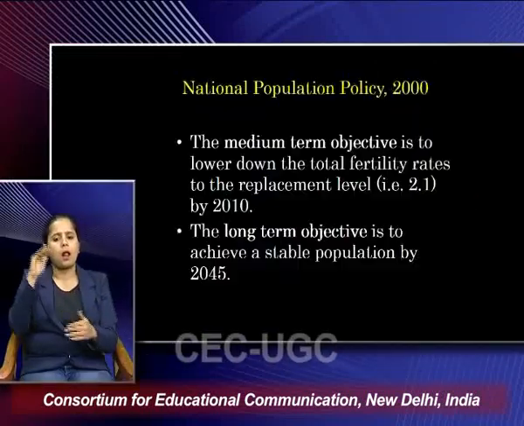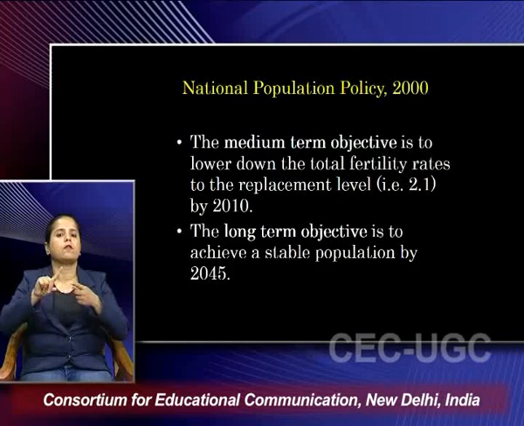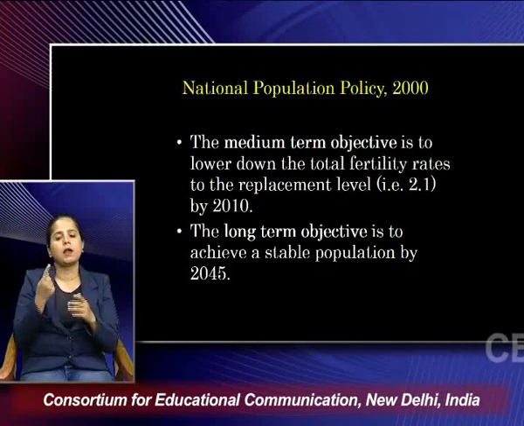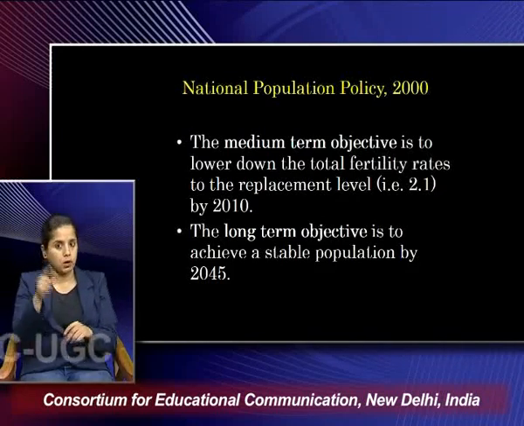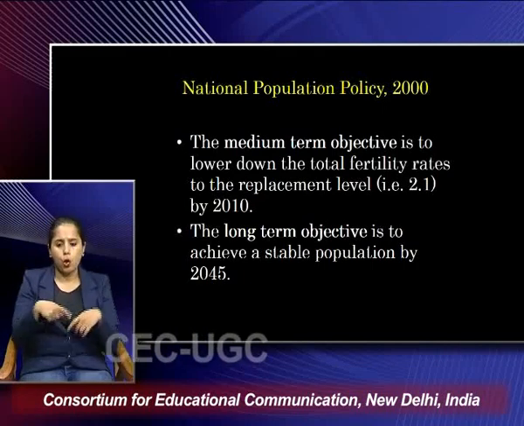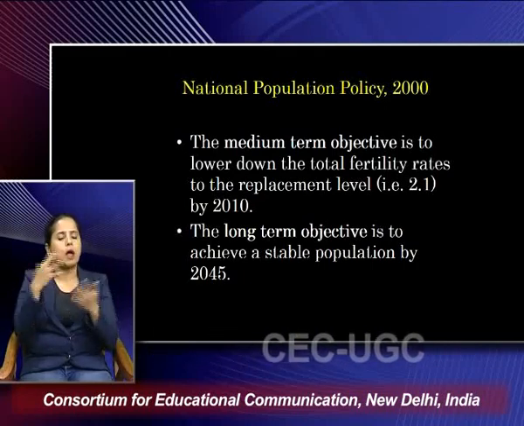So we see by 2000 the objective of the government family welfare program is more towards maternal health and reproductive health. The medium term objective is to lower the total fertility rate to the replacement level, that is 2.1, by 2010. The long term objective is to achieve a stable population by 2045.